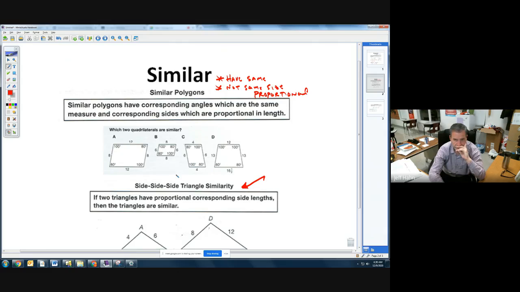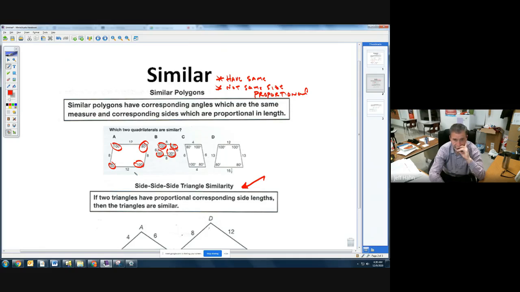First of all, looking at their angles. If you look at this here, what do you have as far as angles? Well, look, here is an 80-degree angle, here's an 80-degree angle, 100-degree, 100-degree, and 80, 100, and 100.